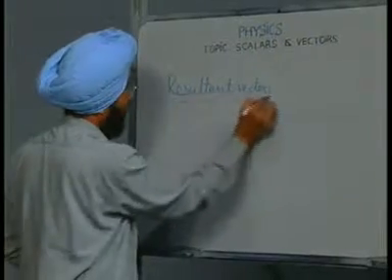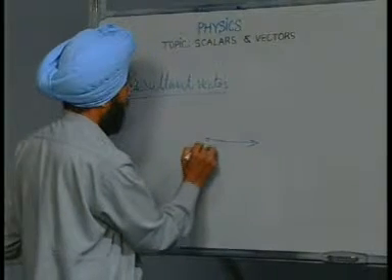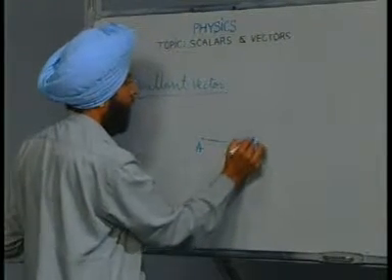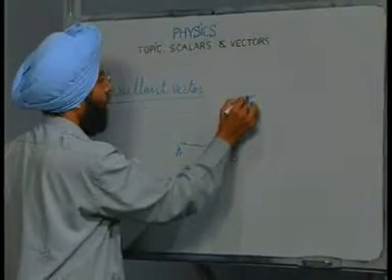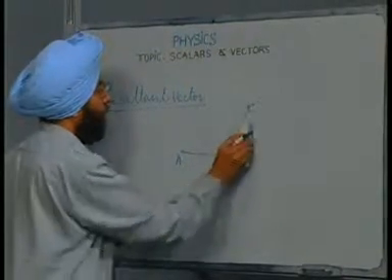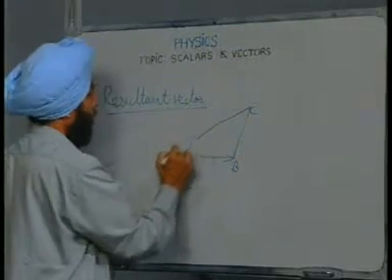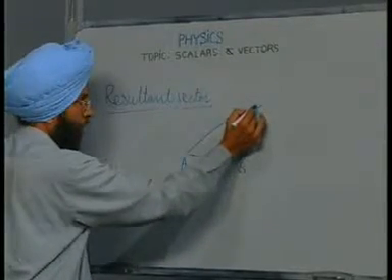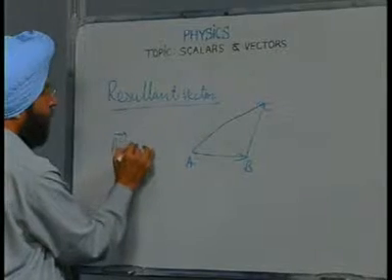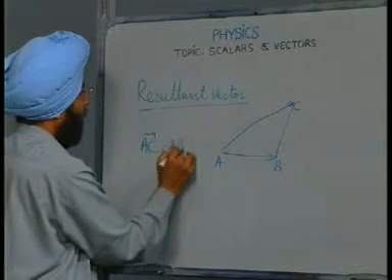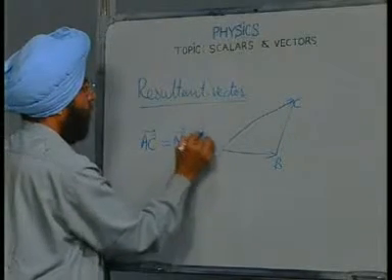When we discussed about displacement, we talked about displacement from A to B, B to C, then net displacement is from A to C. So, we can say displacement AC is equal to displacement AB plus displacement BC.